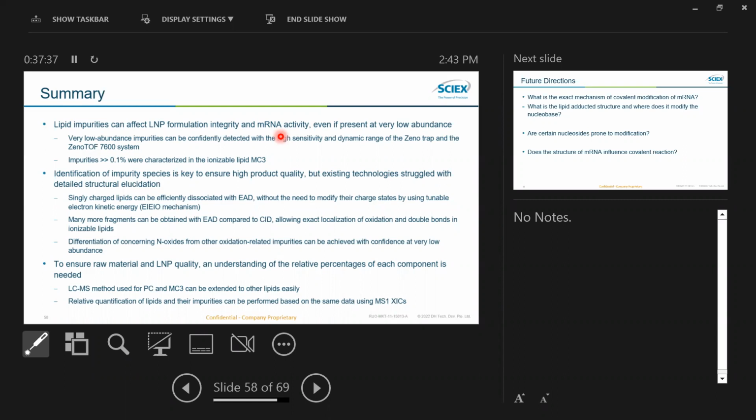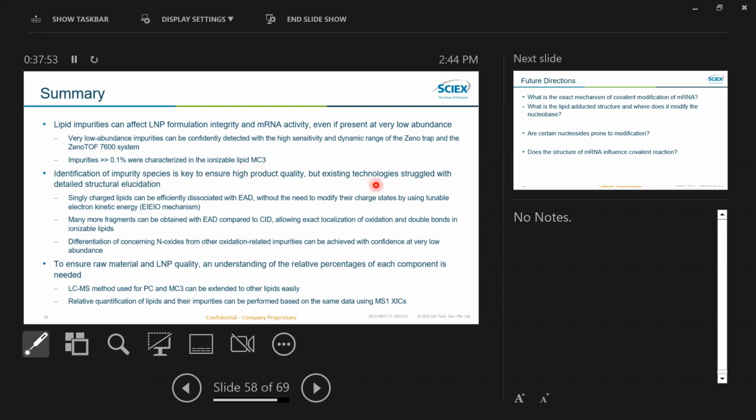So as a result, it's important to be able to monitor very low abundance species. Identification of the impurity species is important, obviously, so we know which ones may be more problematic versus less problematic.